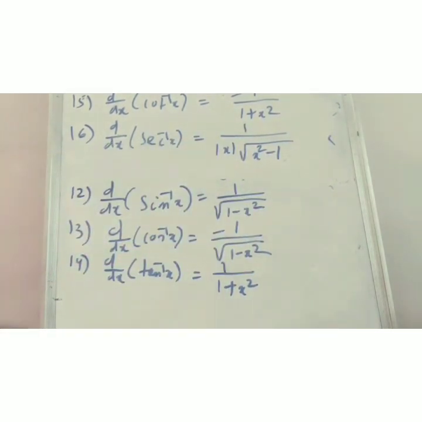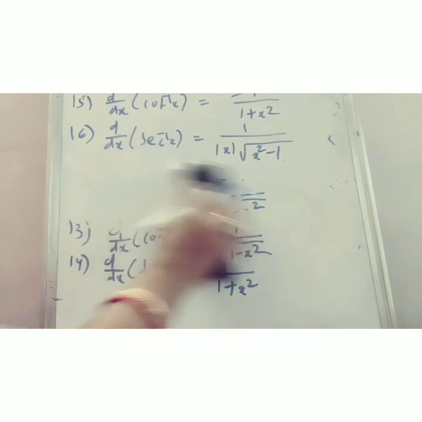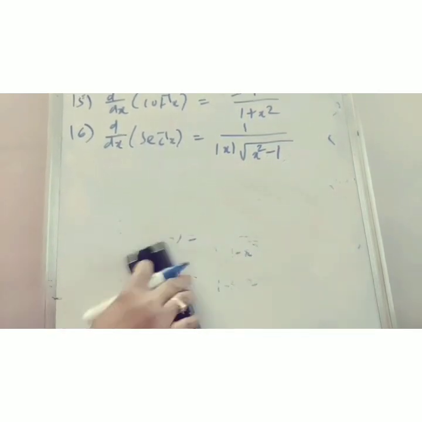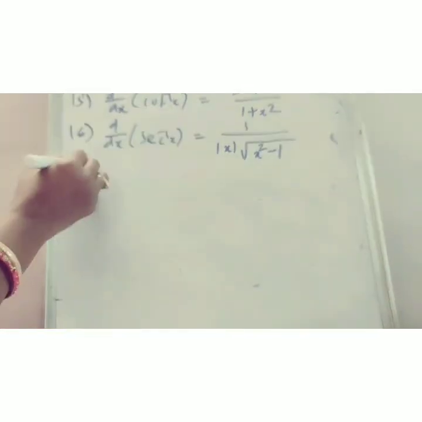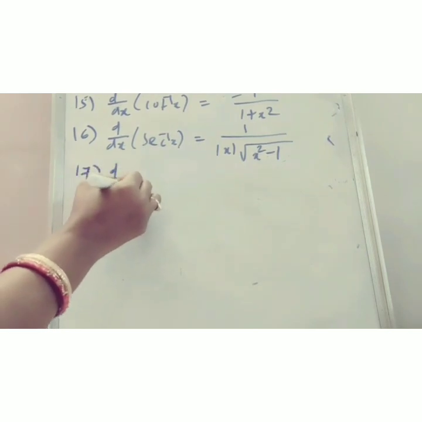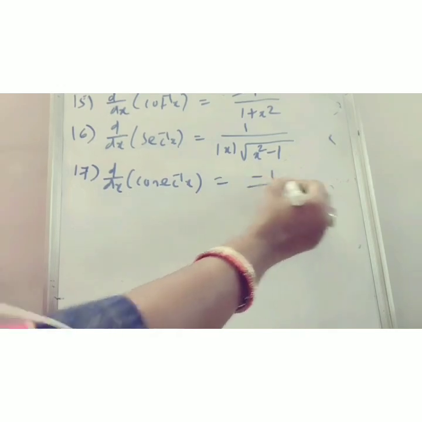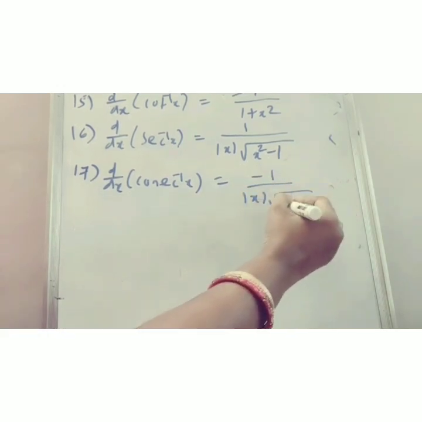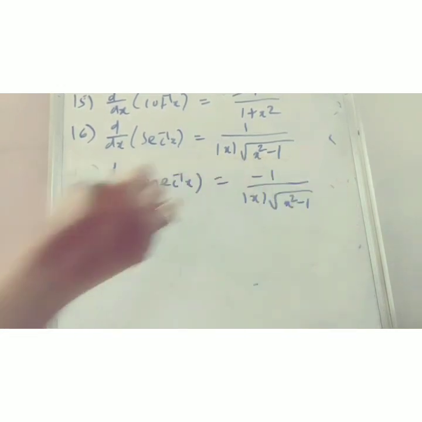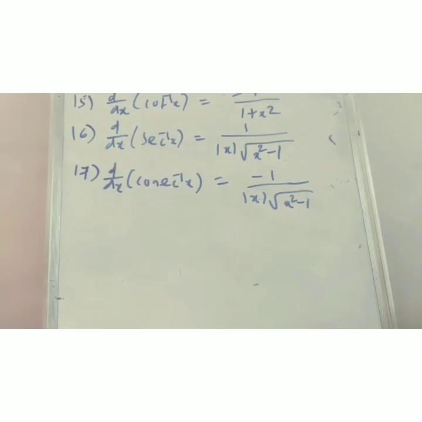Now, the last formula, d by dx of cosec inverse x is equal to minus 1 by mod x into root over of x square minus 1. These are the very, very important formulas we have to remember.